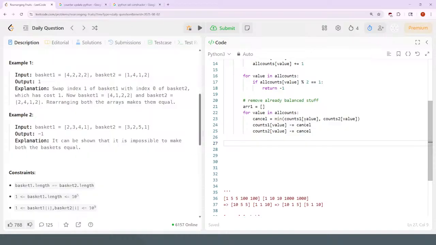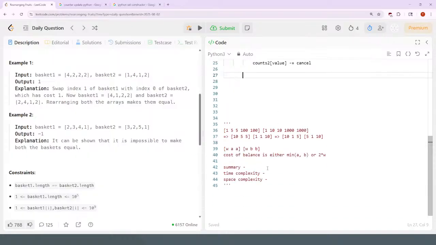And then, so the question is this thing here. The cost of balance is either the minimum of the lowest and highest that is still unbalanced, where A and B are unbalanced here.